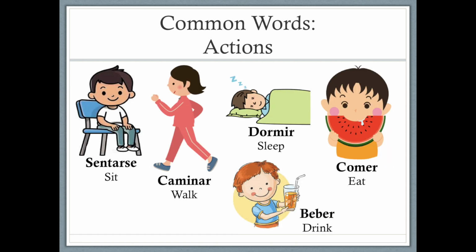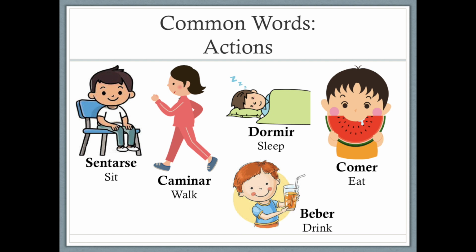Sentarse means to sit, and this is actually a great example of a reflexive verb, which is a kind of complicated topic, but it is a specific type of verb that refers back to the subject. In this case, it would be perfectly fine to just say sentar, which would make plenty of sense still and is not technically incorrect to say.